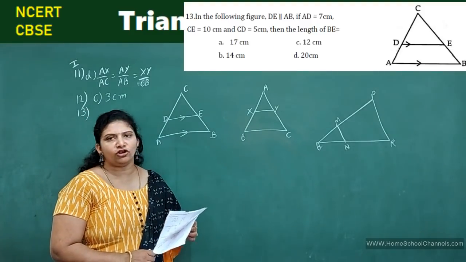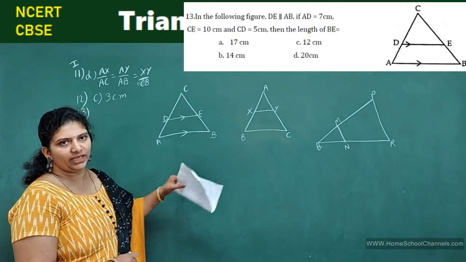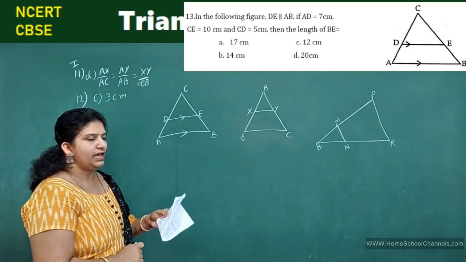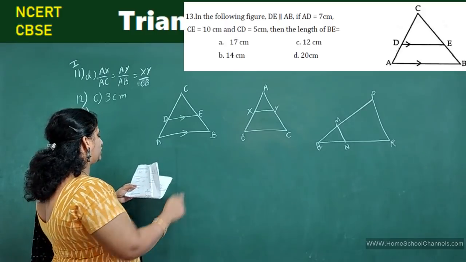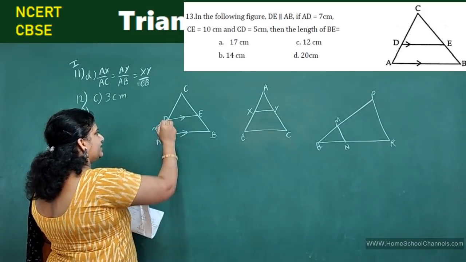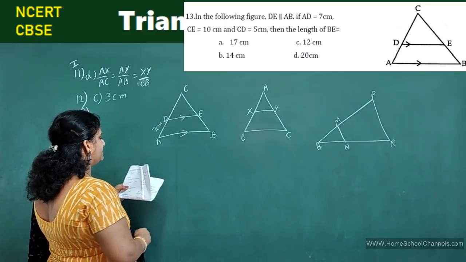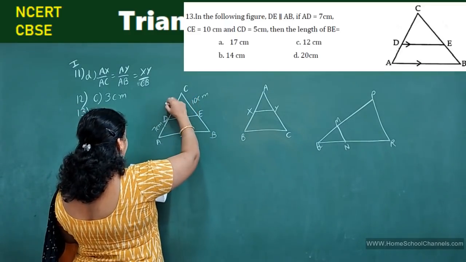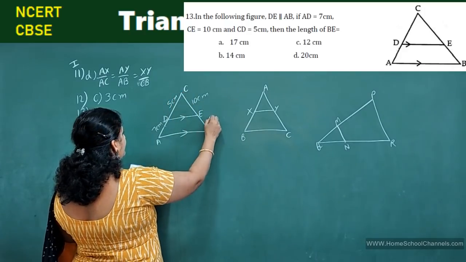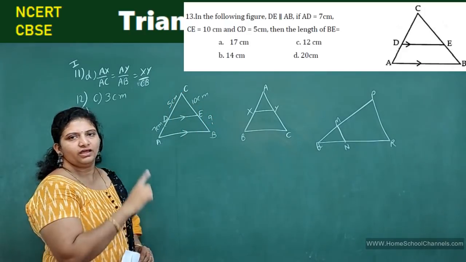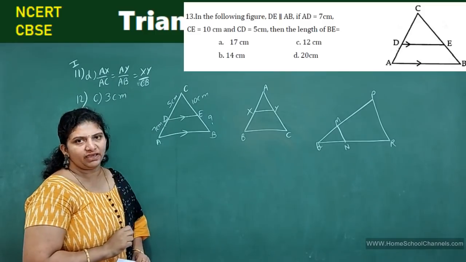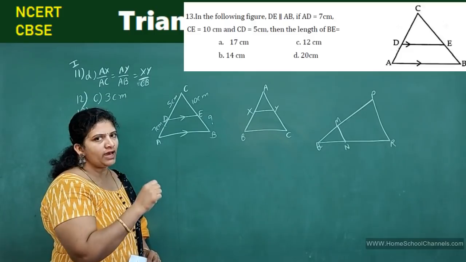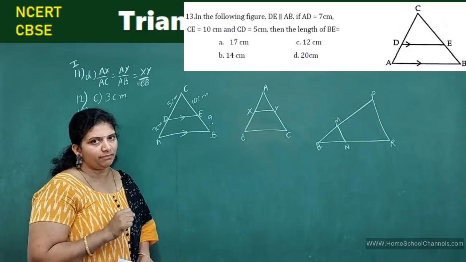13th one. In the following figure, DE is parallel to AB. You can see this one, DE parallel to AB. If AD is equal to 7 centimeters, CE is equal to 10 centimeters, CD is equal to 5 centimeters, find the length of BE. If DE is parallel to AB, I remember the basic proportionality theorem. If these two are parallel, then the ratios are in proportion.